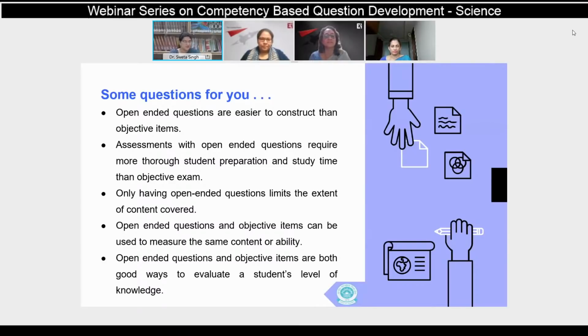Moving forward to the third statement: only having open-ended questions limits the extent of content covered. So when we are talking about questions being tested in an assessment, I think I agree and disagree both on this statement, because ultimately we are focusing on the conceptual understanding that children have, and what kind of items we create is completely in the question creator's hands.